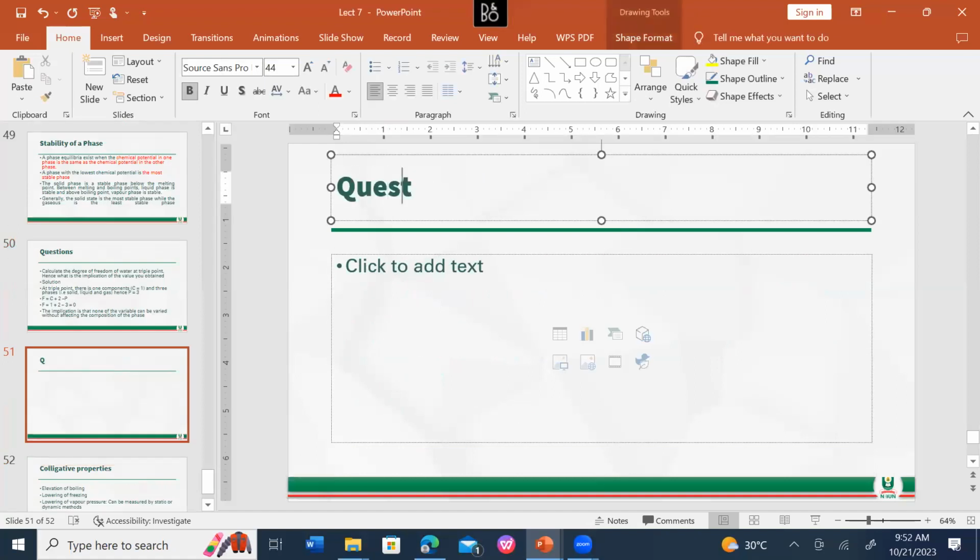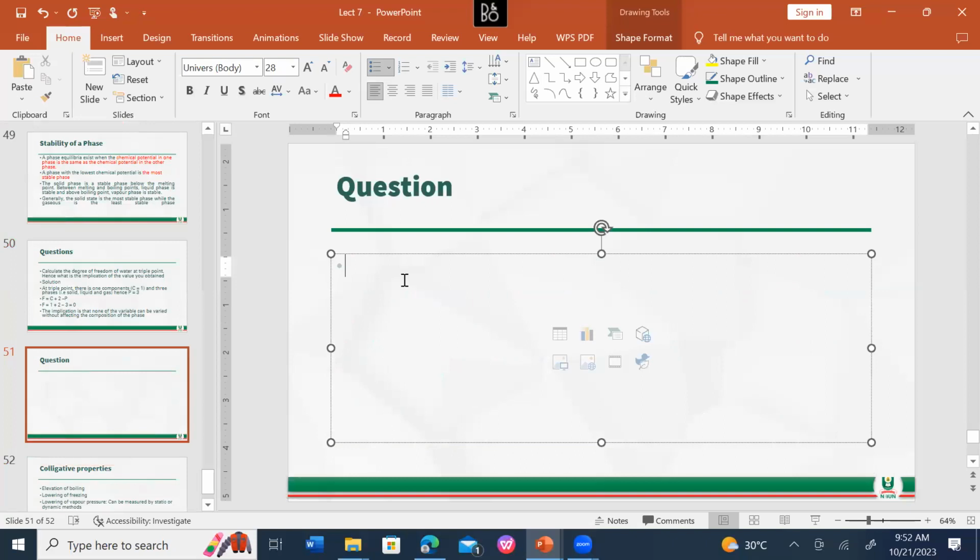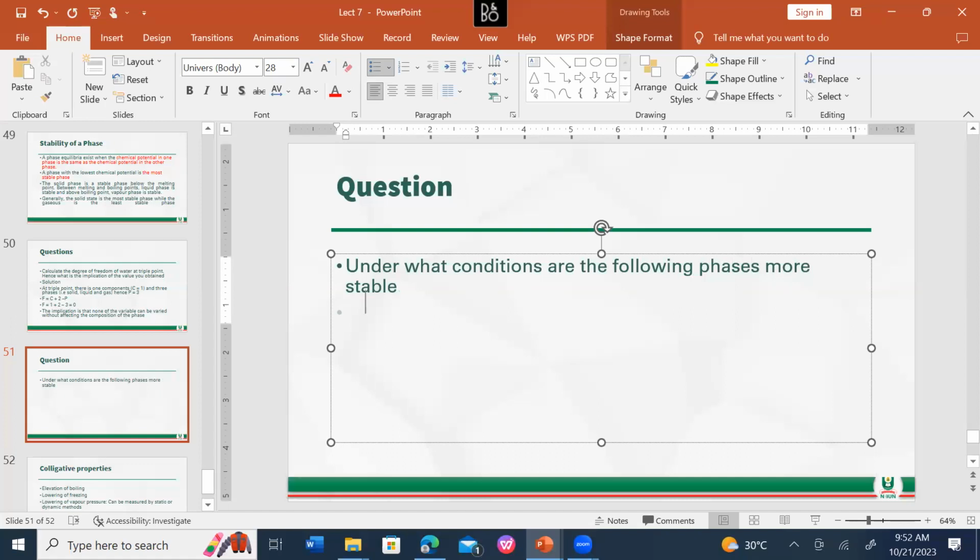Another question. Under what condition are the following phases more stable? 1, solid phase, more stable below the melting point. 2, liquid phase.